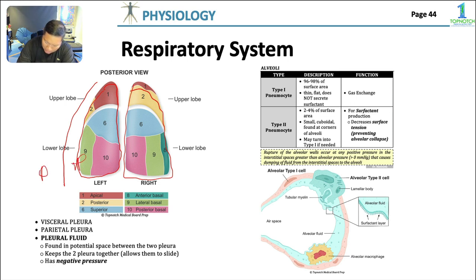So you have visceral pleura, we have parietal pleura. Okay? The parietal pleura adheres closely to your chest wall. So doon siya nakadikit sa bony thorax. Okay, parietal pleura, bony thorax, chest wall. Closely adheres to that. Okay, lungs naman, ang nakadikit dyan si visceral pleura.